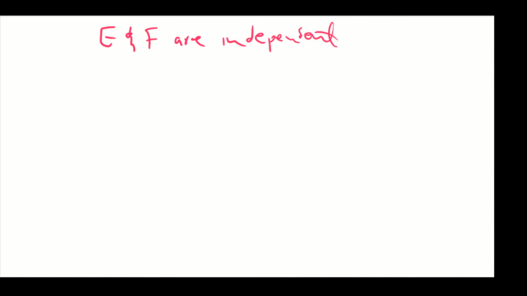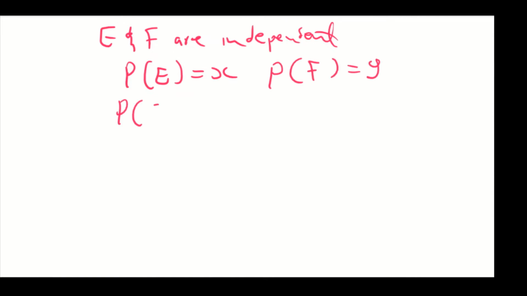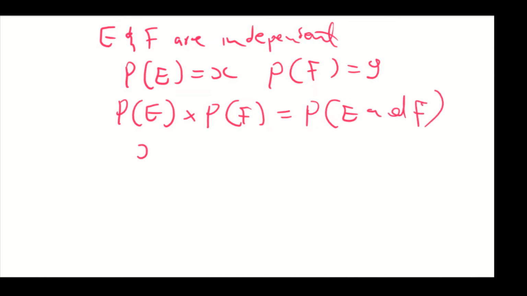What this means is, if you have the probability of E given as X and the probability of F given as Y, the probability of E multiplied by the probability of F must give you the probability of E and F. So X multiplied by Y is equal to the probability of E and F, which was given as 1 over 3.